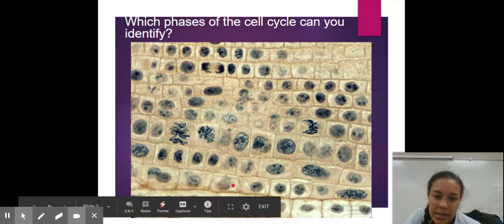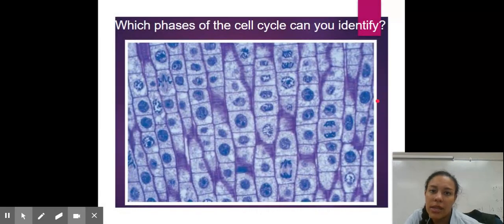And then cytokinesis is two cells that are brand new. So this would be a telophase cytokinesis connect. We don't see the two cells here that are completely different from each other, so we can still say that they're separating at that point. So that might be a telophase cytokinesis.